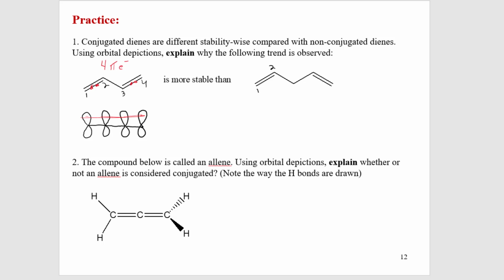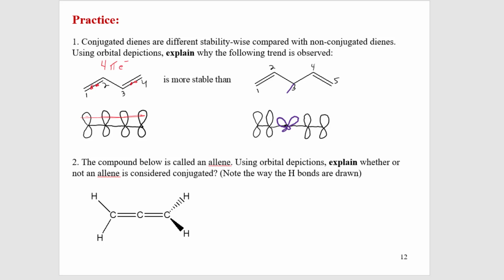Carbon 1, 2, 3, 4, 5. Well, 1 and 2 have unhybridized p orbitals. Then there's carbon 3, then there's carbon 4, and 5. Now, carbon 3 is not sp2 hybridized.